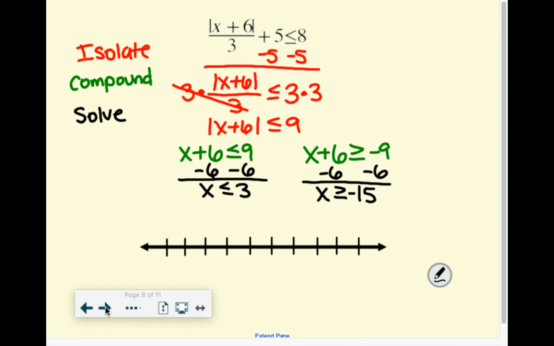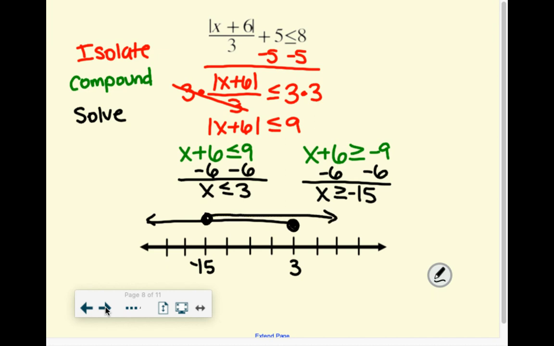Okay, this would be a good one to just plot -15 and 3 down on your number line, because that's definitely not going to stretch that far unless you go by 2s or 3s or something like that. Okay, I need to go less than or equal to 3, so that's a closed circle, and I'm heading this way. And then for my -15, closed circle as well, because it's greater than or equal to, which heads this way.